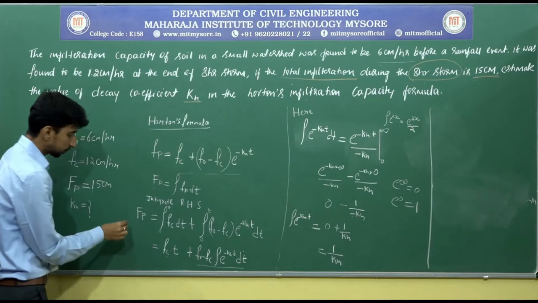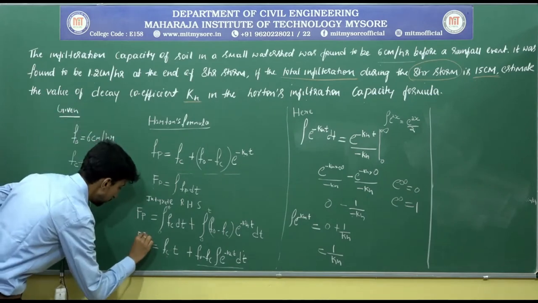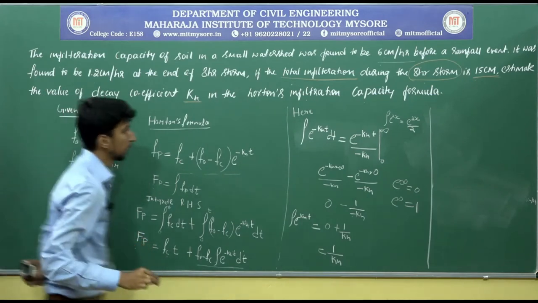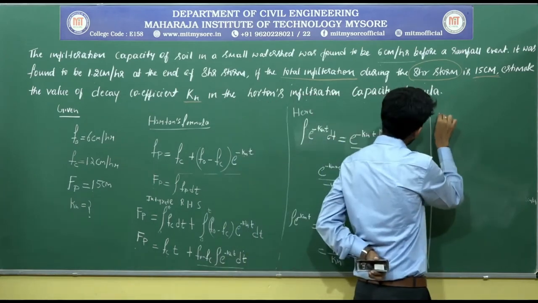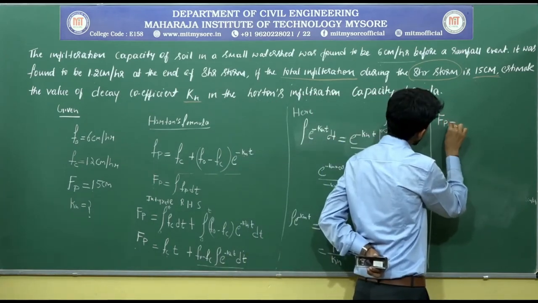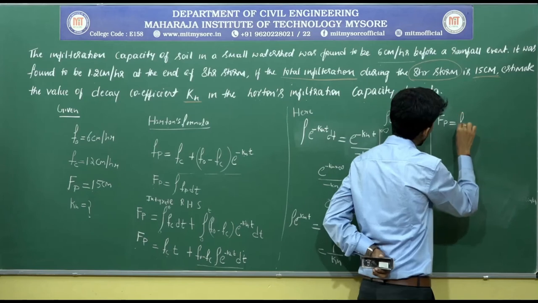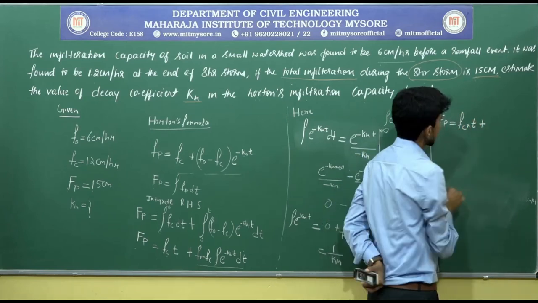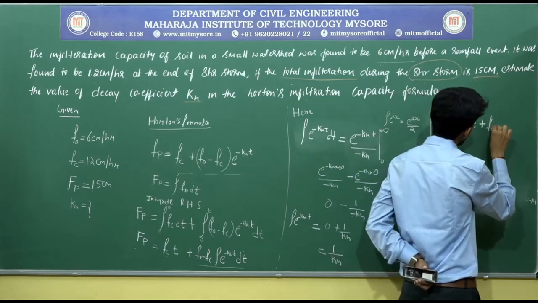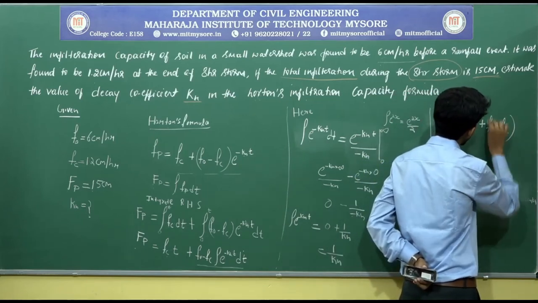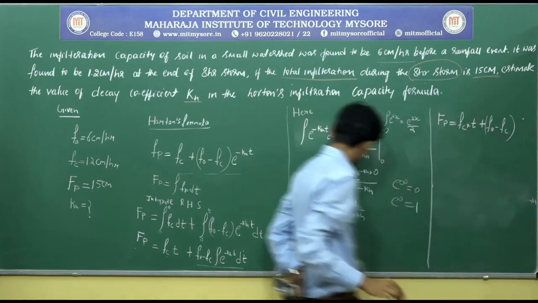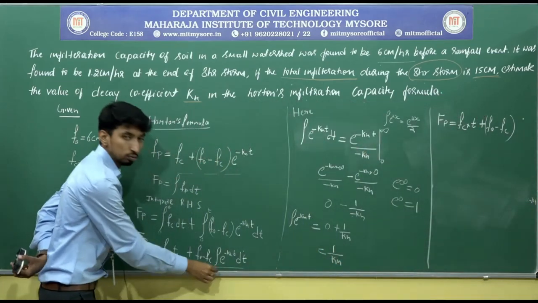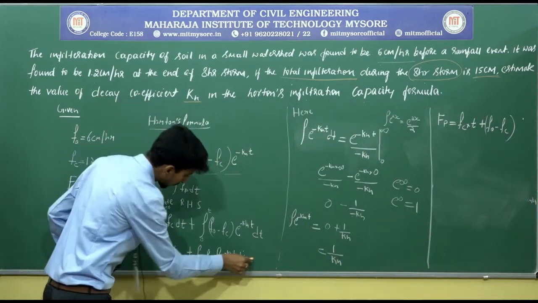Now here we know that capital Fp equals small fc into t plus f naught minus fc whole bracket of, what is this value?